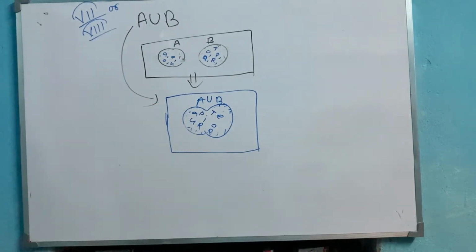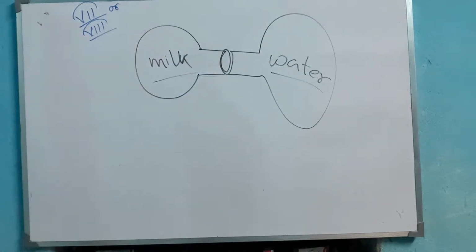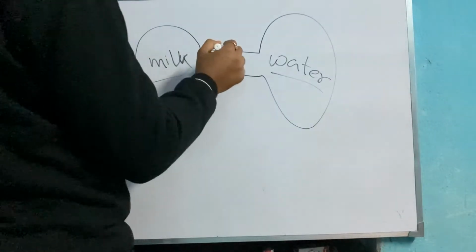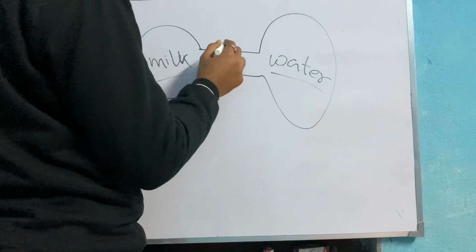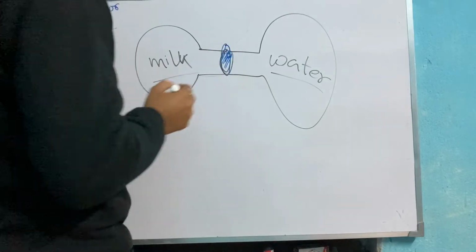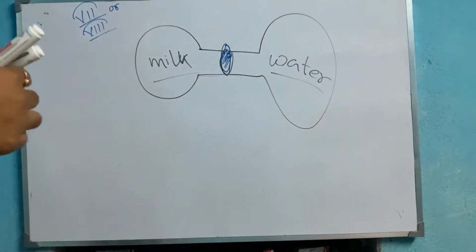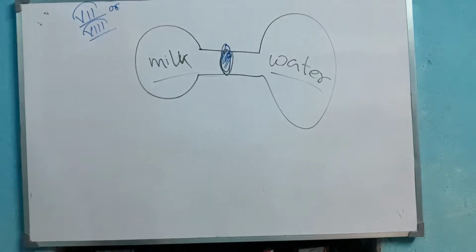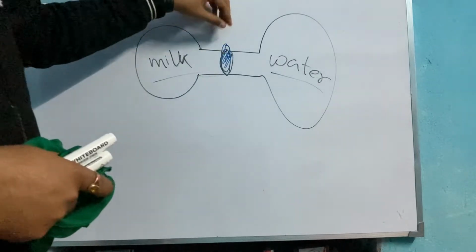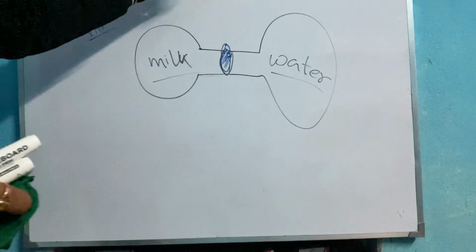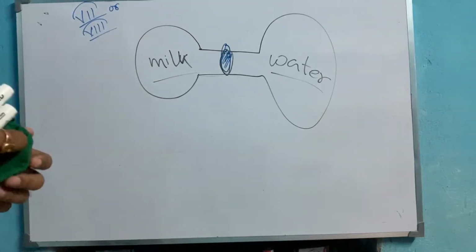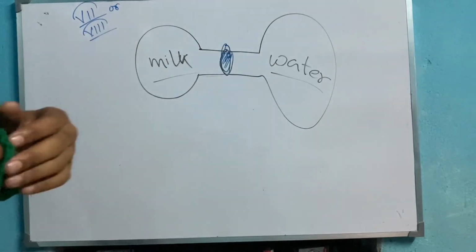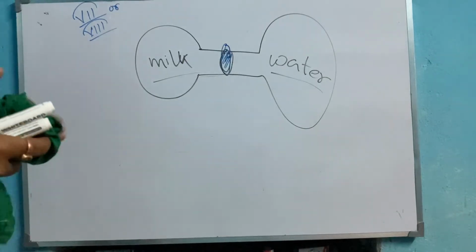I can give you an example. Please look at the picture. There are two bottles there and here it's a paper cork that separates the two liquids. Here it's milk and on this side this is water. Now if we remove the cork, or the separating media, then milk and water will be mixed well with each other.